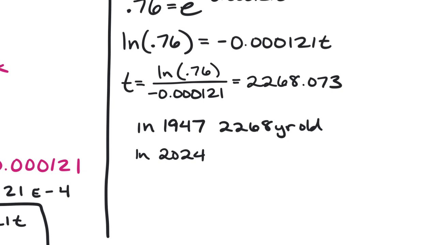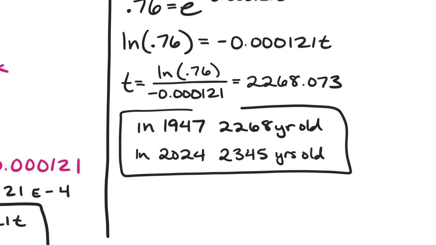How many years have passed since 1947 to 2024? 77. So if we add 77 years to 2268, if we were looking at these documents today, they are 2,345 years old, which is pretty cool that we know how old things are just by looking at the amount of carbon left in them.